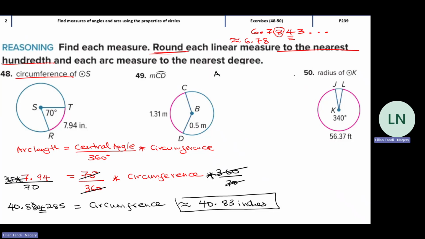Okay, so I'm going to use the same formula: arc length equals central angle over 360 multiplied by circumference. I'm just going to write C. C means circumference. Now we're going to put our central angle. Do we know? We don't know our central angle.